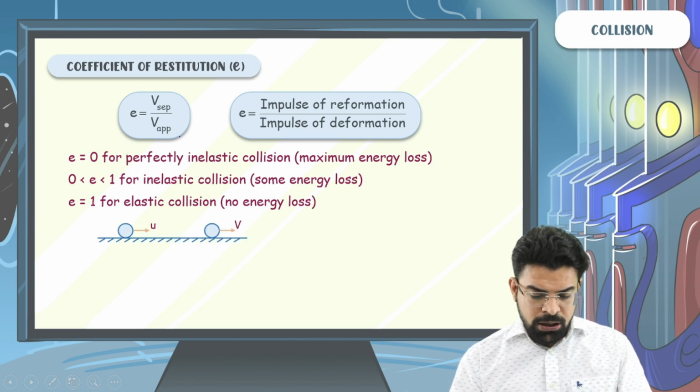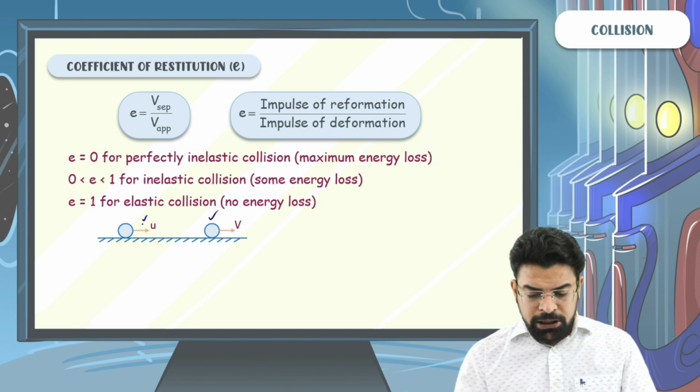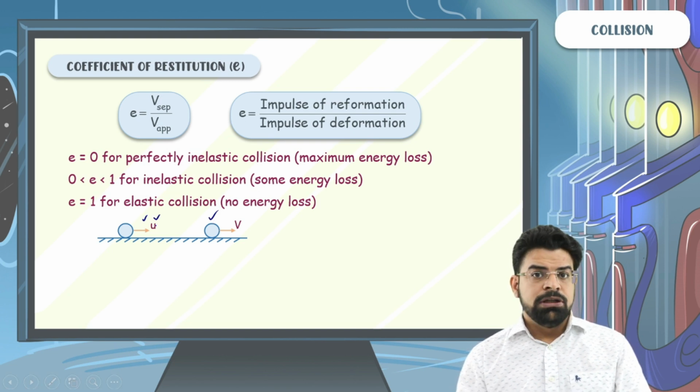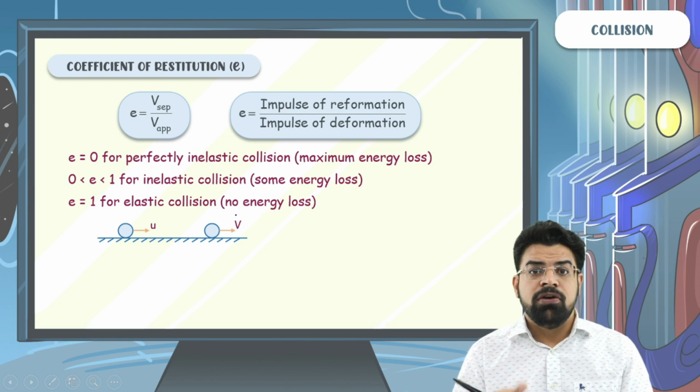Now, bacho, let's say here we have two bodies. The body behind moves with speed u, the body in front moves with speed v. How will you write the velocity of separation and how will you write the velocity of approach?